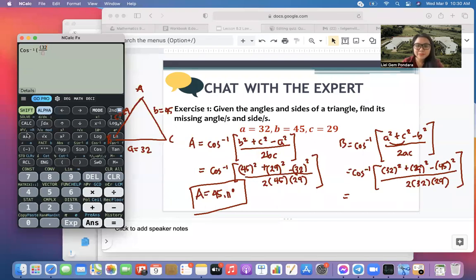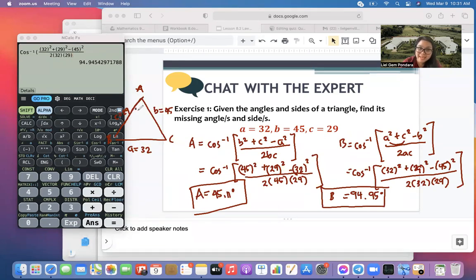Let's type 32 squared plus 29 squared minus 45 squared over 2 times 32 times 29. There. And remember, we write it in 2 decimal places. So our answer for B is 94.95 degrees.